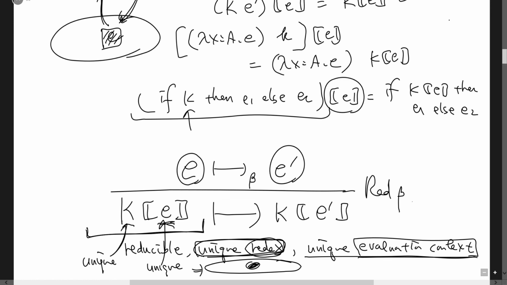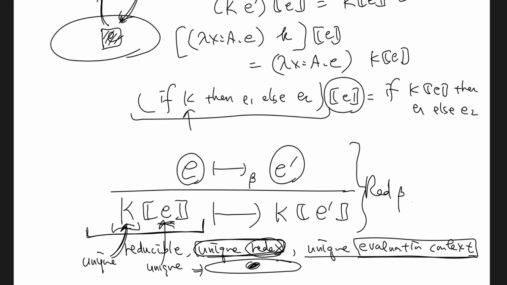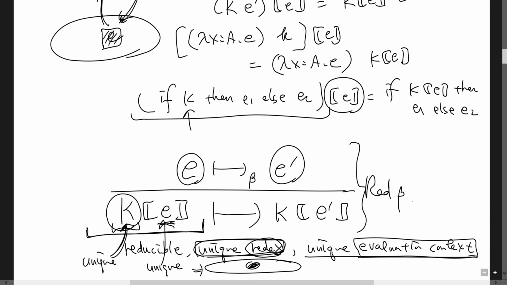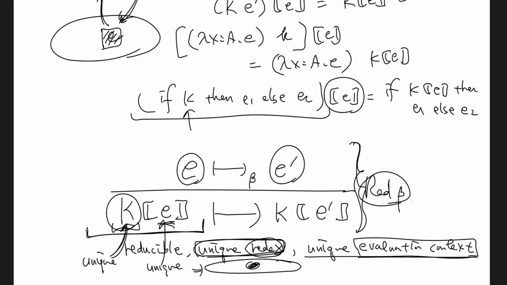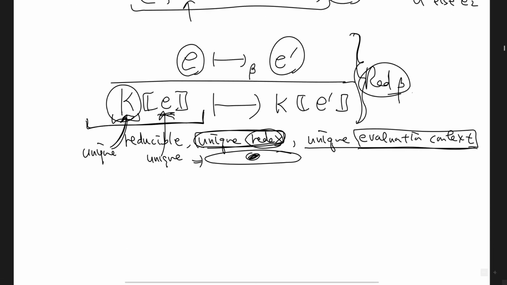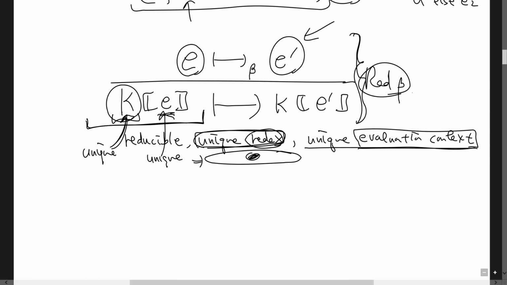And in this reduction rule, we didn't care about the specific form of kappa. It is a general reduction rule that can be applied to any form of evaluation context kappa. So in other words, we need only this single reduction rule in this new formulation. And finally, we have to do something about this beta reduction.